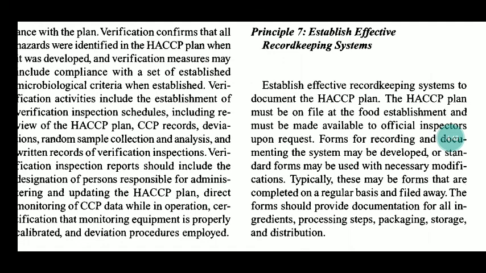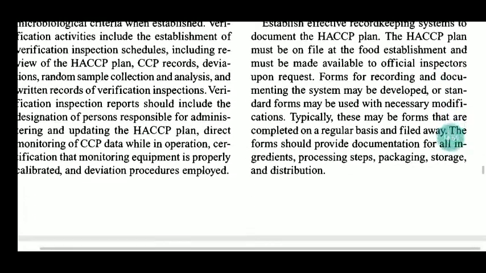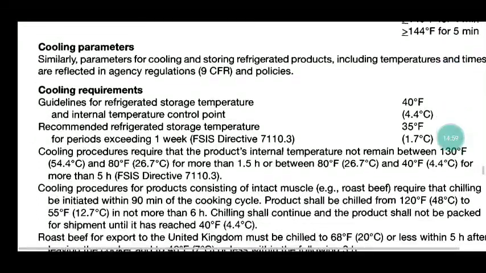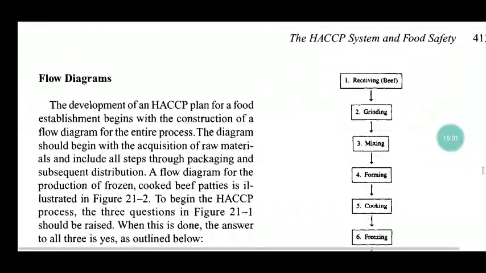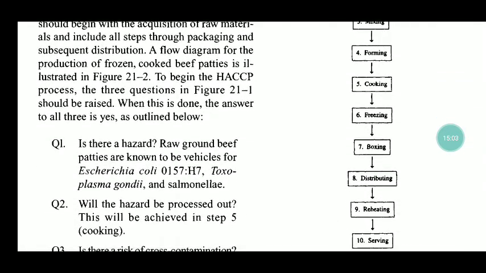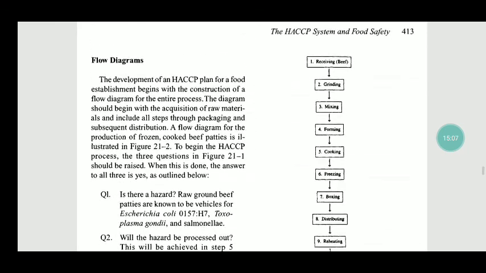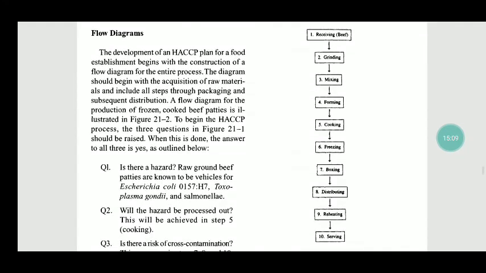By going through the record we know which type of processing was done, packaging, storage, distribution, how it was done, and which type of contamination there is. So the whole flow diagram has its own record. It maintains whether the HACCP plan is correctly followed or not.